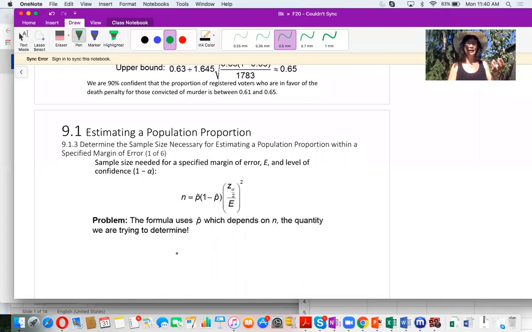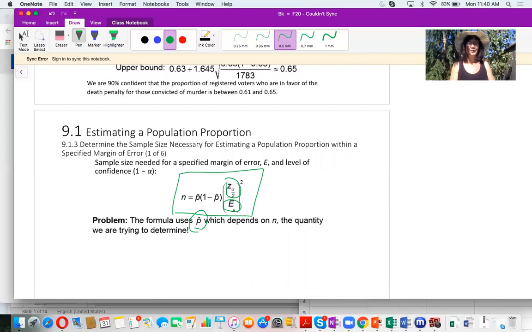So how do you select an appropriate sample size? You need to use this formula. In this formula, you have sample proportion P hat, and you have Z half alpha. And E is margin of error, usually given.